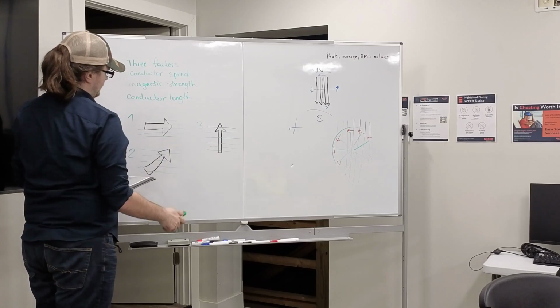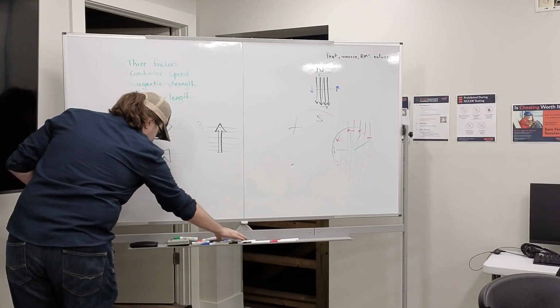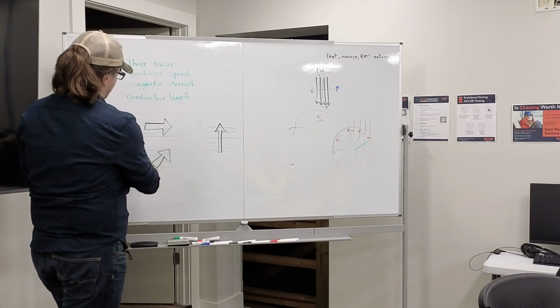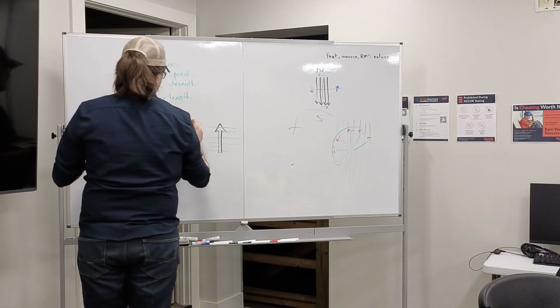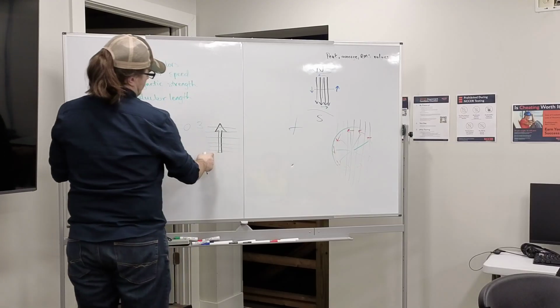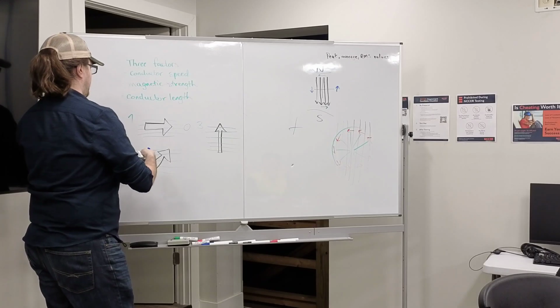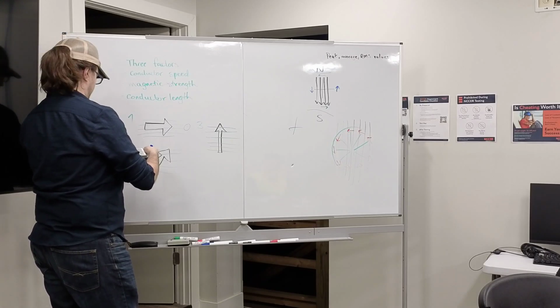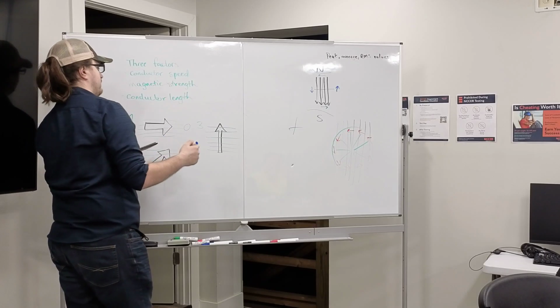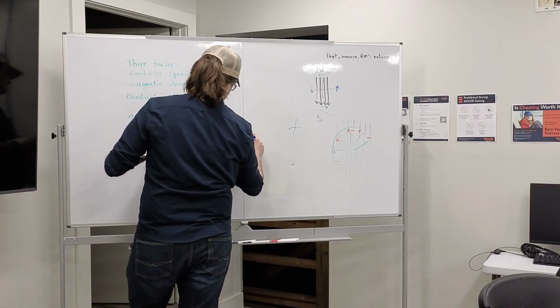So how much voltage is being produced here? Here, perpendicular to the flux lines. How much voltage is being produced here? Depends on the max. The max.